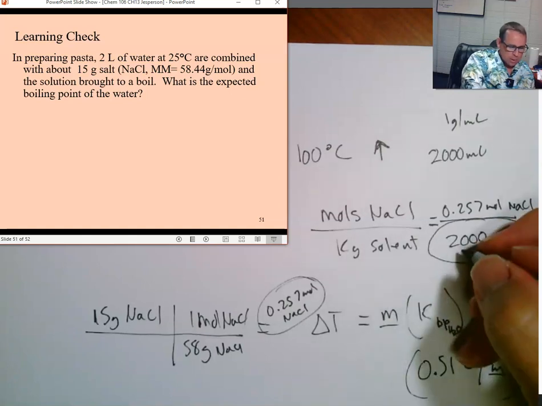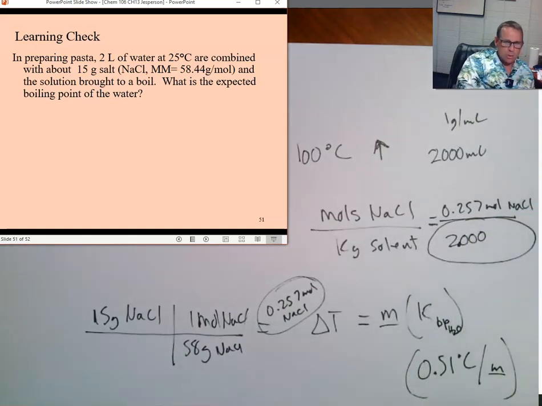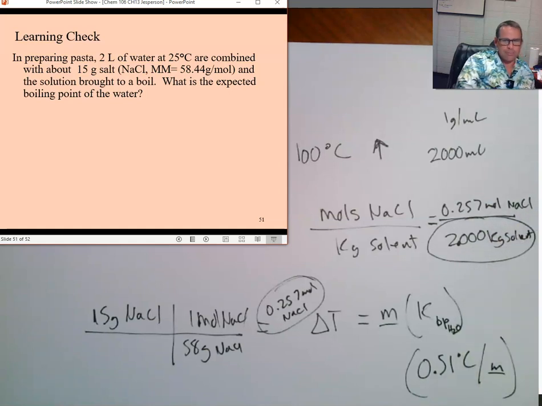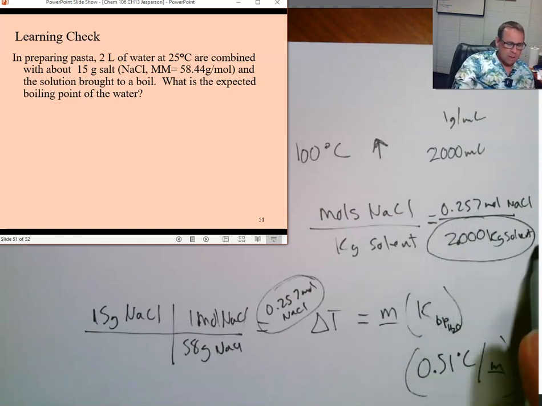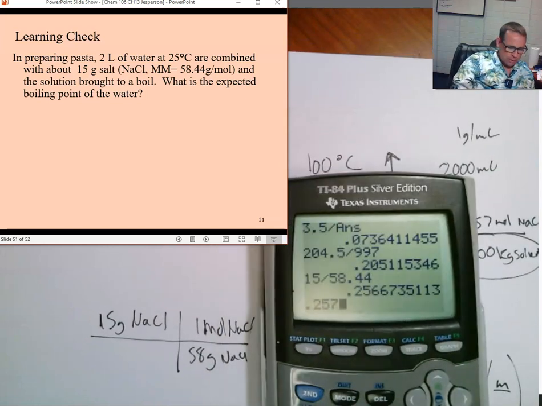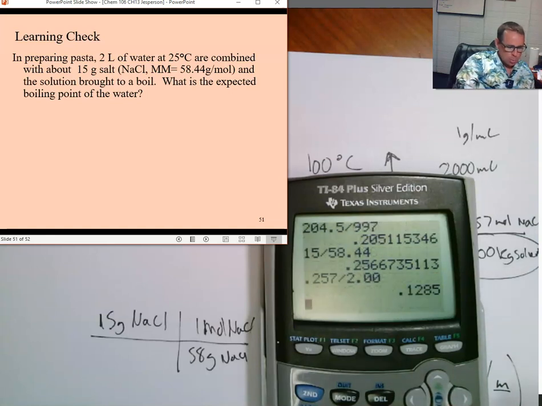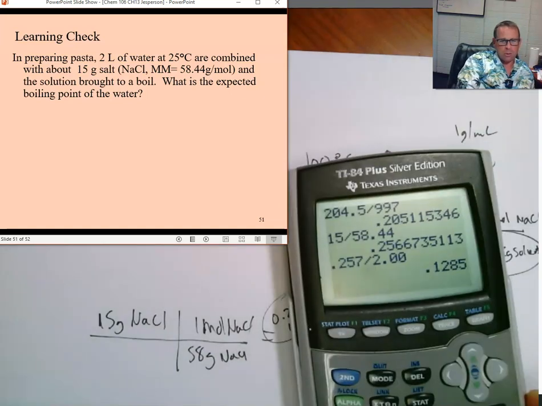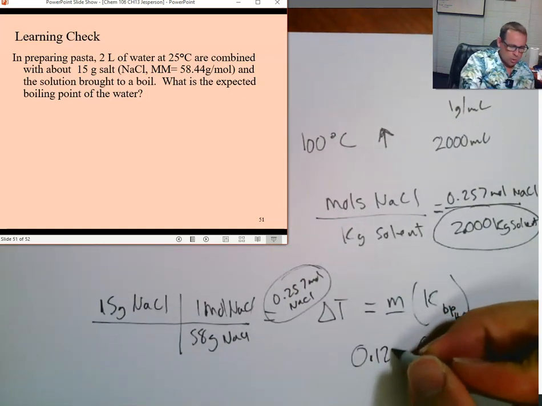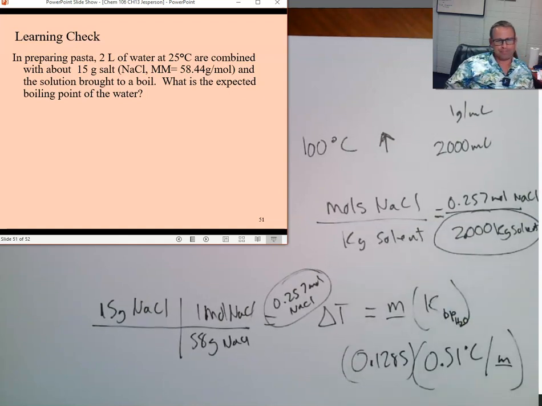Not grams, but so 2.000 kilograms of solvent. All right. So 0.257 divided by 2,000, sorry, 2.00. 0.1285 is our molality.